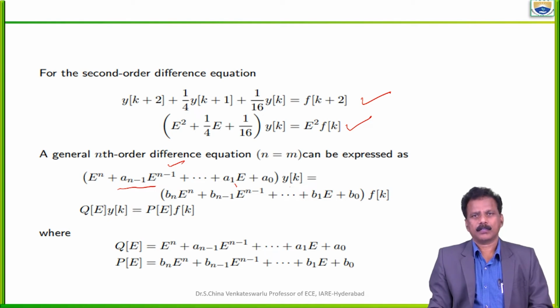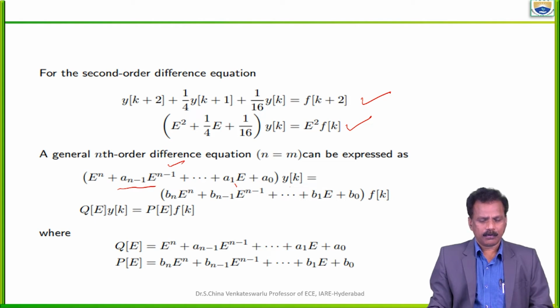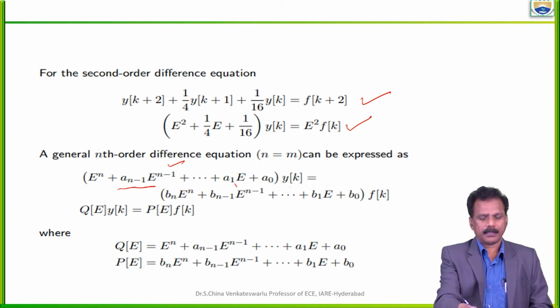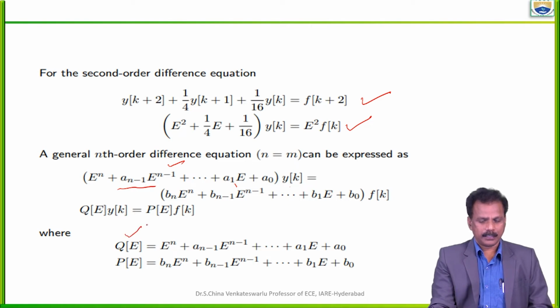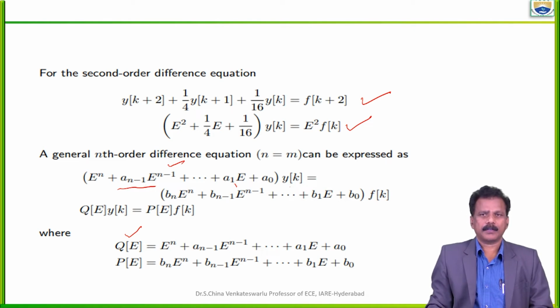So Q of E into y of k is equal to P of E into f of k, where Q of E is equal to E power n plus a n minus 1 E power n minus 1 plus, and so on, plus a1 E plus a naught. Similarly, P of E is equal to b n E power n plus b n minus 1 E power n minus 1 plus, and so on, plus b1 E plus b naught.